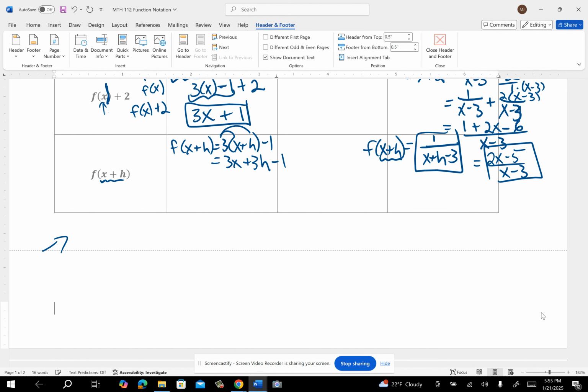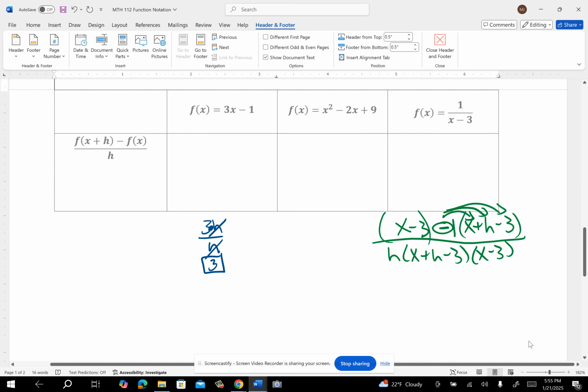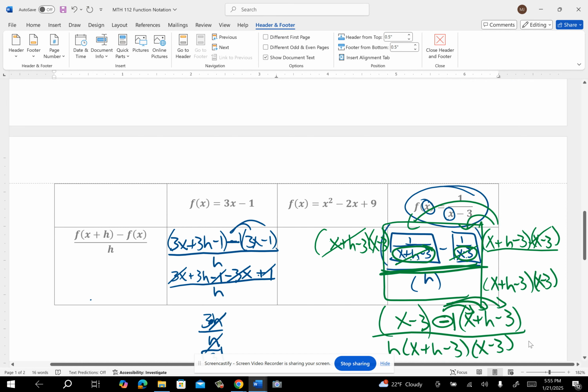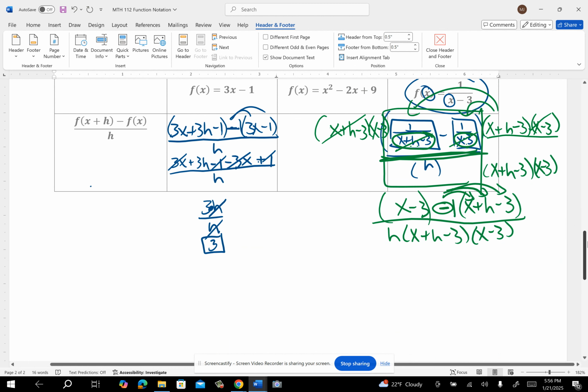Let me just do it on a new page down here. Sorry about this. Okay, there we go. I'm just going to do it on a new page to finish it up.